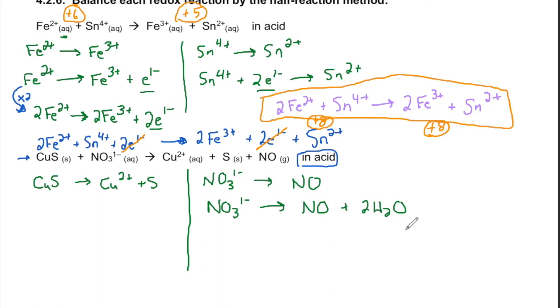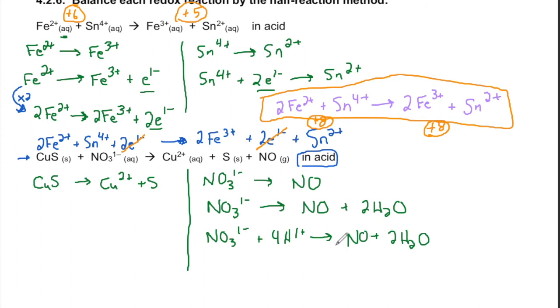Okay, now we have to balance hydrogen by adding H+ ions. We don't need any on the left half. This one, now we need some hydrogen ions. We have 4 hydrogens on the right side of this equation and nothing over here. So we need 4 hydrogen ions over here. Okay, so now we have our hydrogen balanced as well, 4 and 4.